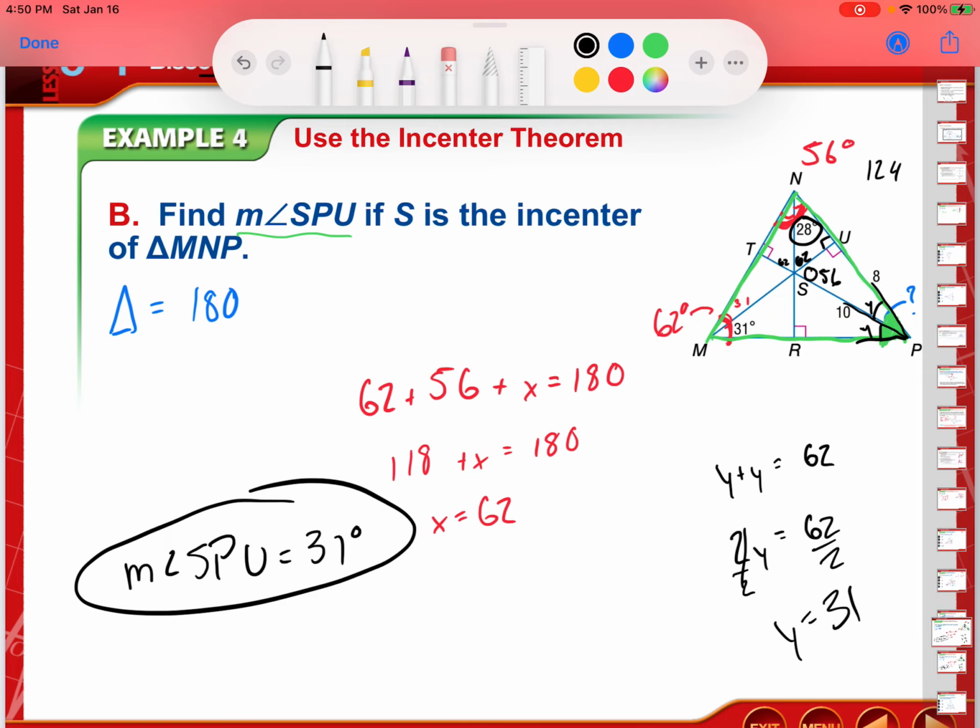Hang on, why didn't that work? That should have worked. Did I mess up my math somewhere? 124, which would be 56, 56, and then, never mind, I guess that's the way you have to solve it. What is going on? Why did that not work?